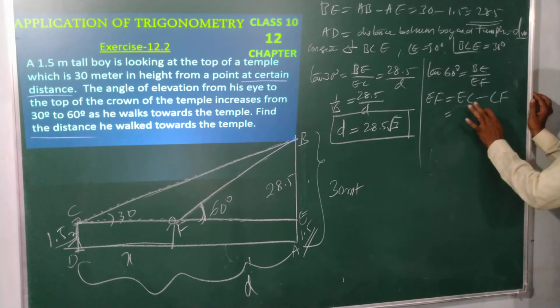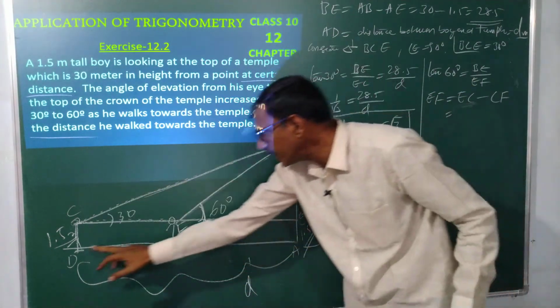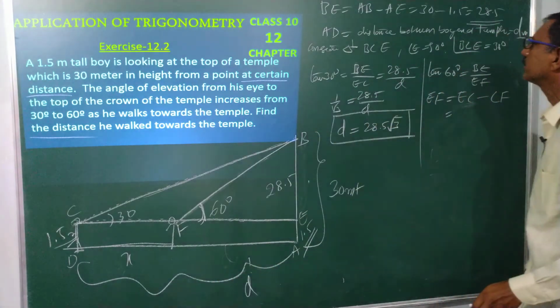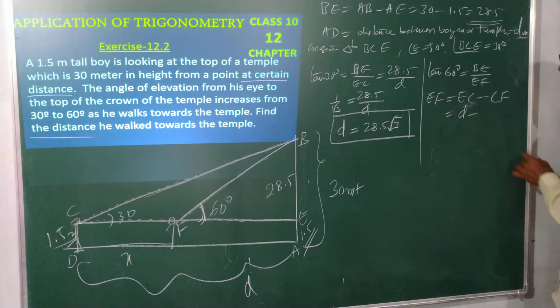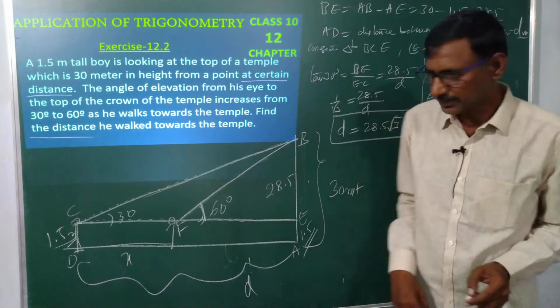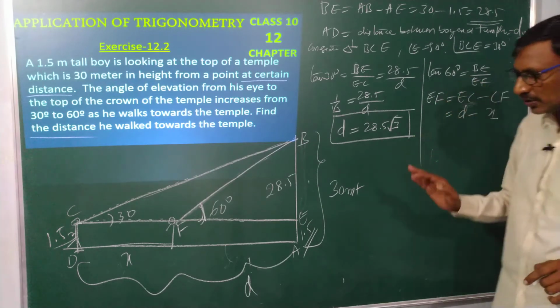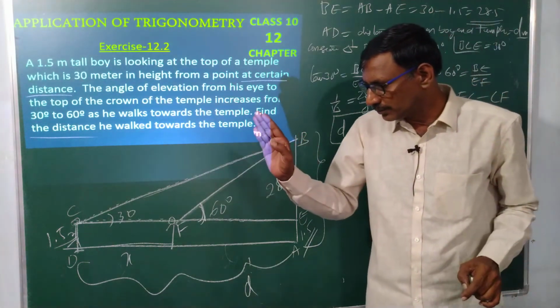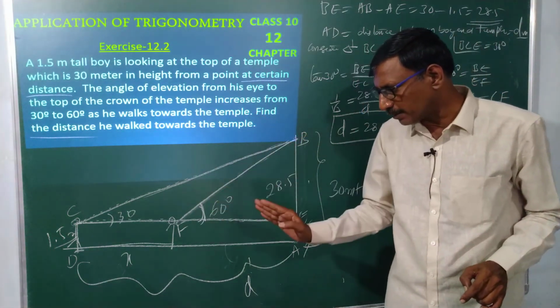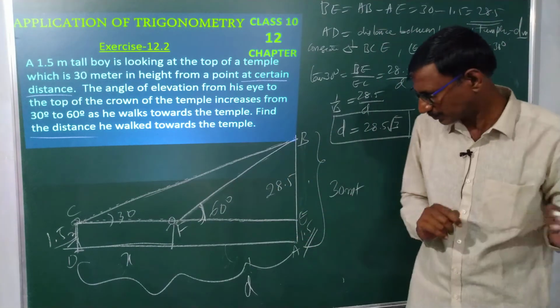EC we already know, EC is nothing but AD, which is D, minus FC, that is my X. As I told you clearly, he walked towards the temple some X meters.